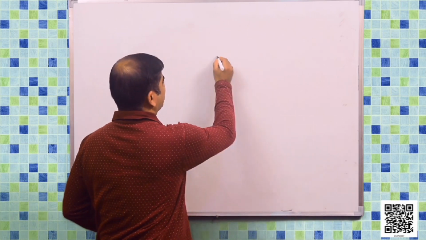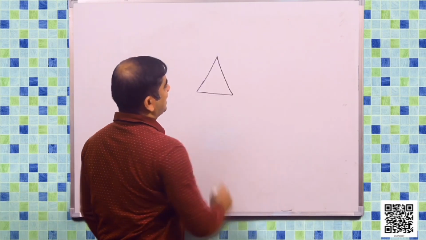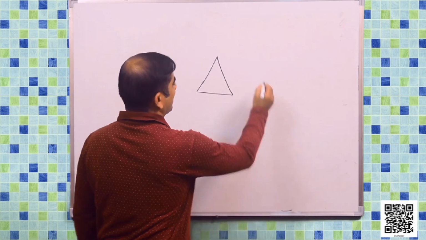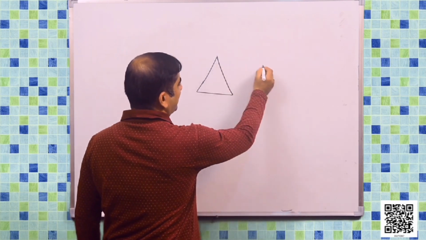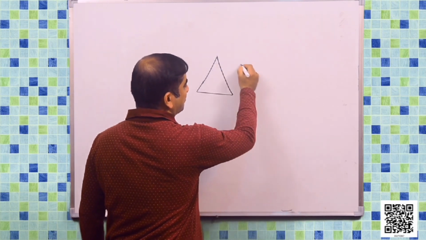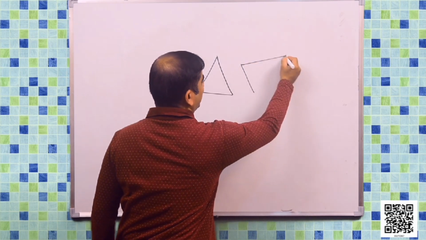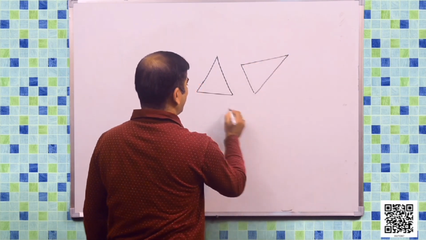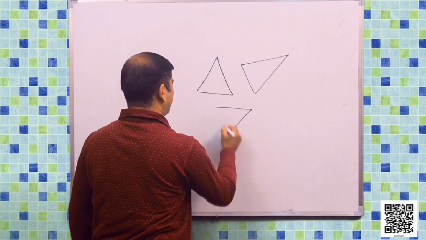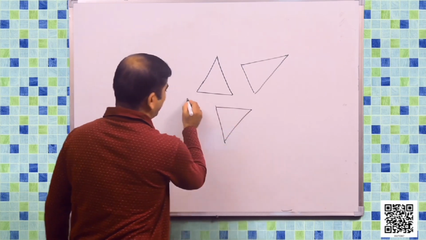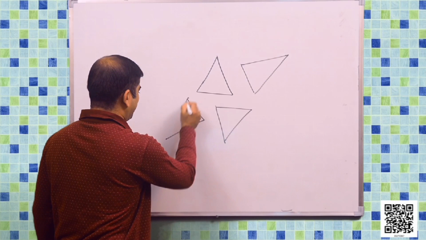For example, suppose this is a triangle, okay? When I turn it, it may be in the shape of this, or in the shape of this, or in the shape of this.